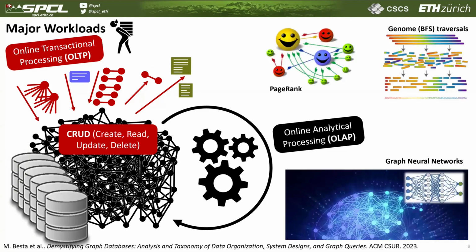On the other hand, we also describe online analytical processing, in short OLAP, with workloads such as running PageRank or graph traversal, or maybe training graph neural networks connected to this graph database.